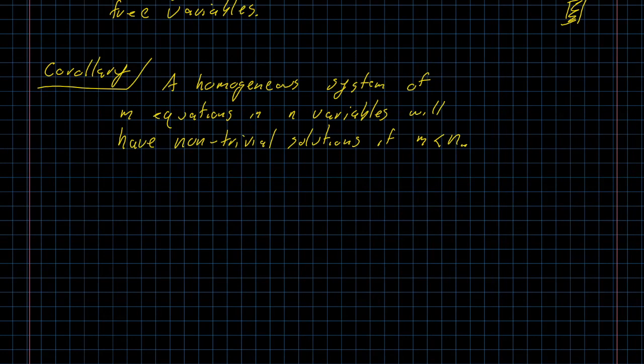A homogeneous system of m equations in n variables will have non-trivial solutions if m is less than n.